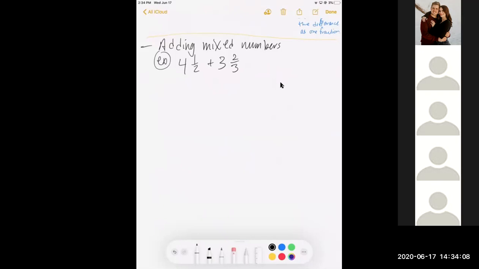So go ahead and try that out while I plug this in here. See how to add those together.